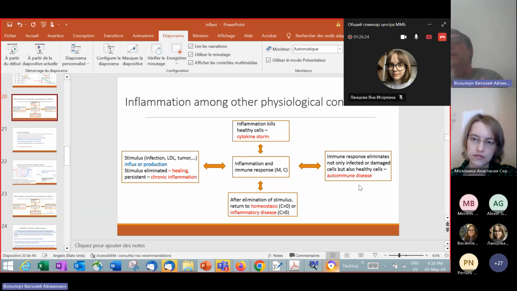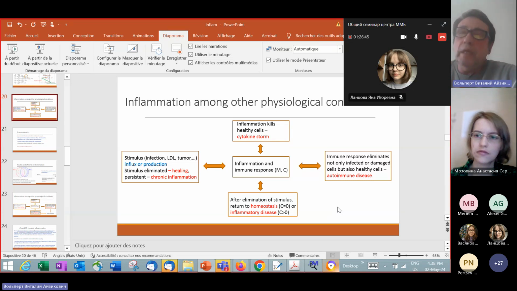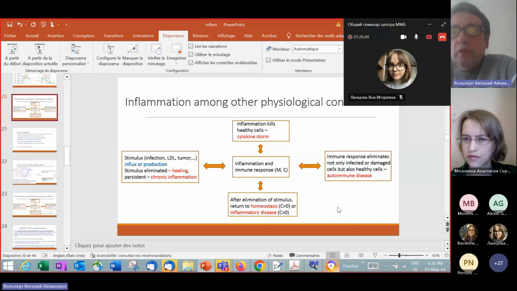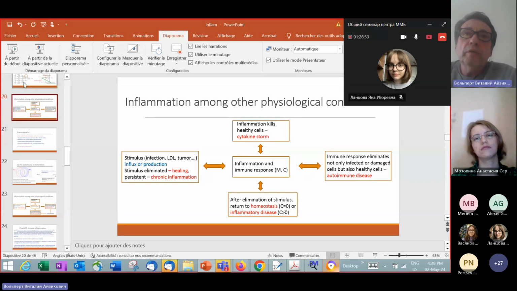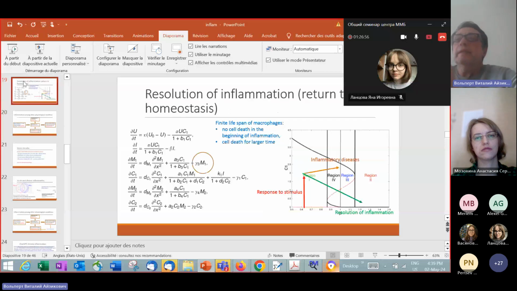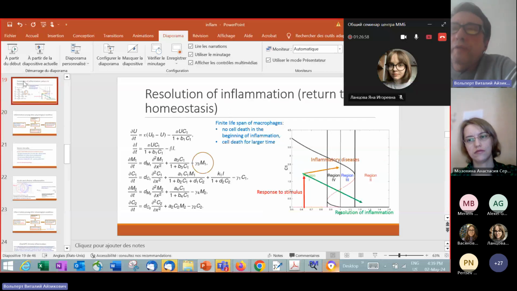Then it can be an autoimmune disease, or an injury, or some inflammatory disease like in obesity. There are no external stimuli, but still this fat tissue, the adipocyte, is inflamed. So if I understand correctly your question, then the answer is yes, this generic model of inflammation, which we consider here, can take into account inflammation without external stimuli.